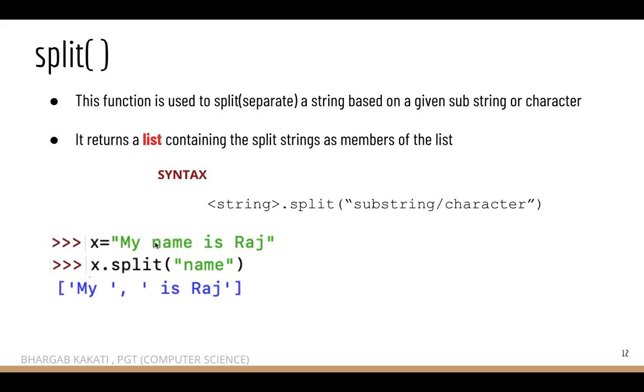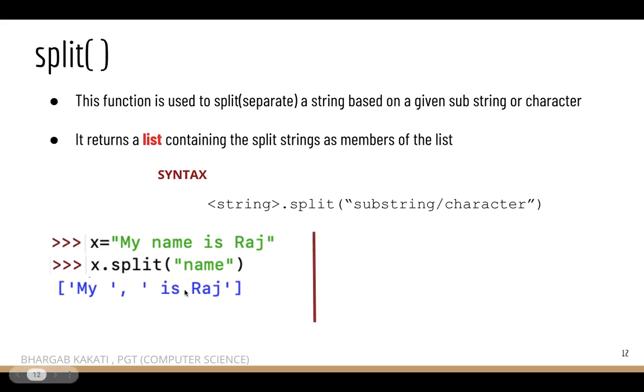Wherever the substring "name" occurs, the string will be split, and that particular separator will not be a part of the output. So before "name" we have "my ", so "my " has come, and after "name" we have " is Raj", so " is Raj" is displayed here.